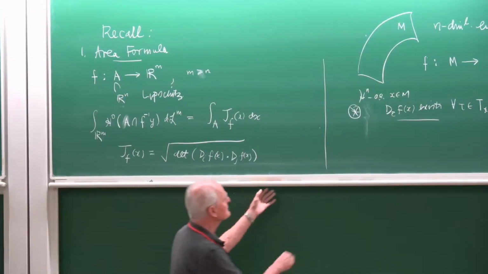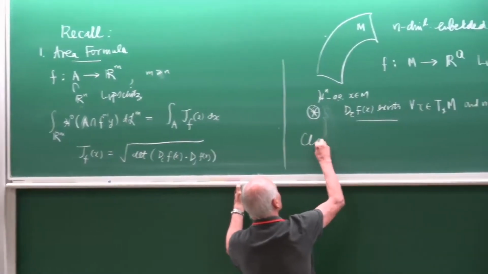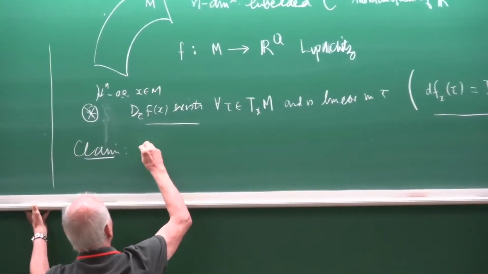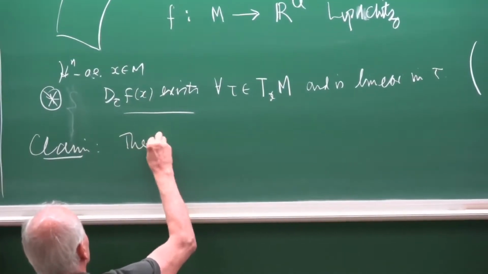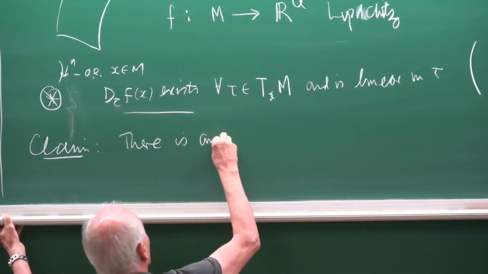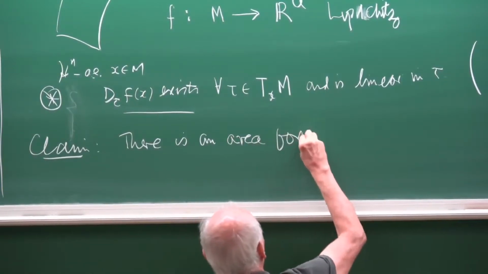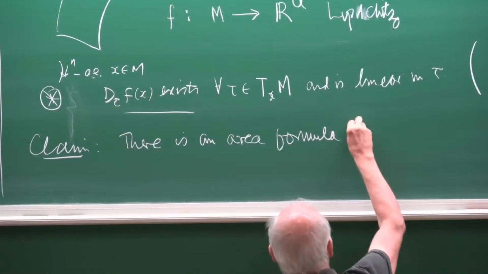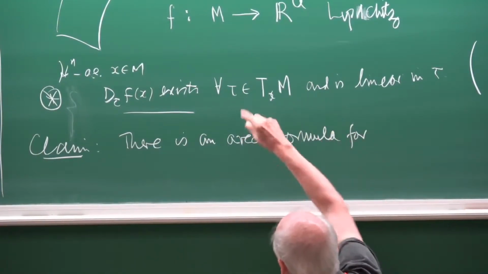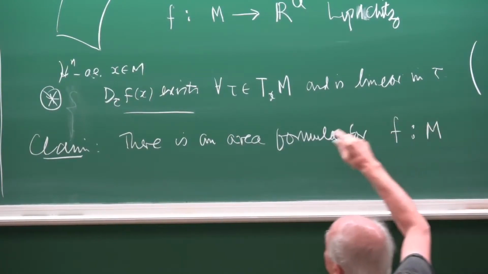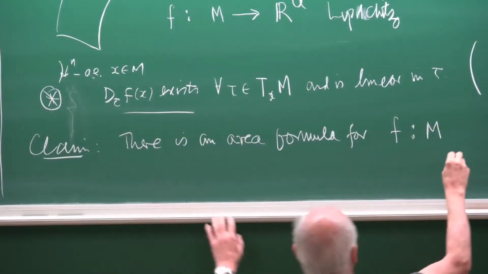So first thing is, claim: there is an area formula for maps F defined on M. Now remember, M is dimension n, so it's the same thing.